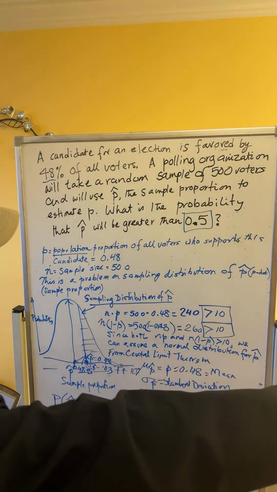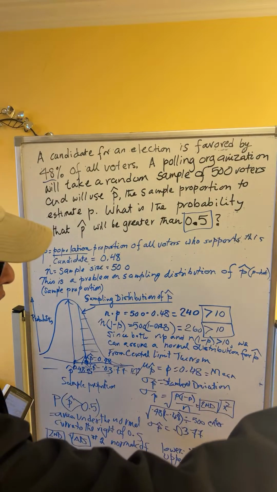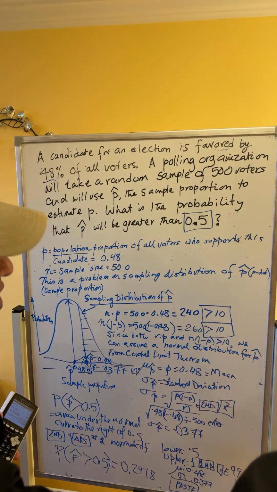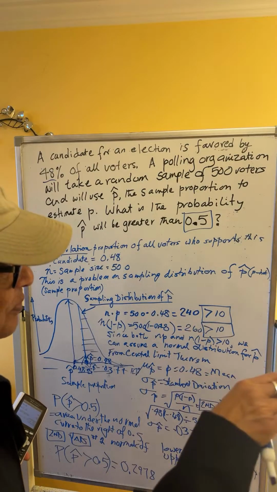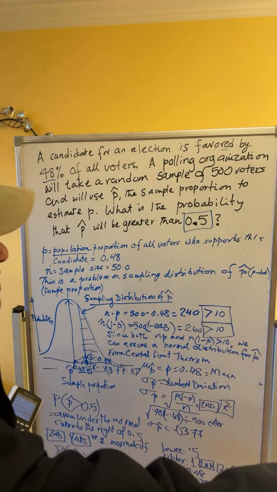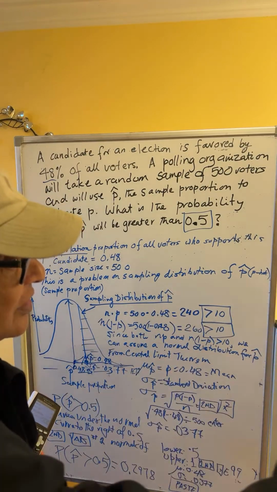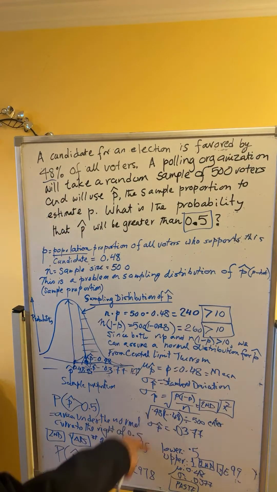My upper is a very large number on the right, which is 1E99. 1, then second button, comma, gives you the E, then 99. What does it mean? 1 exponent 99, 1 followed by 99 zeros, which tells the calculator that it's a very large number on the right, infinity. And then we type in the mean as 0.48, standard deviation is 0.0377.